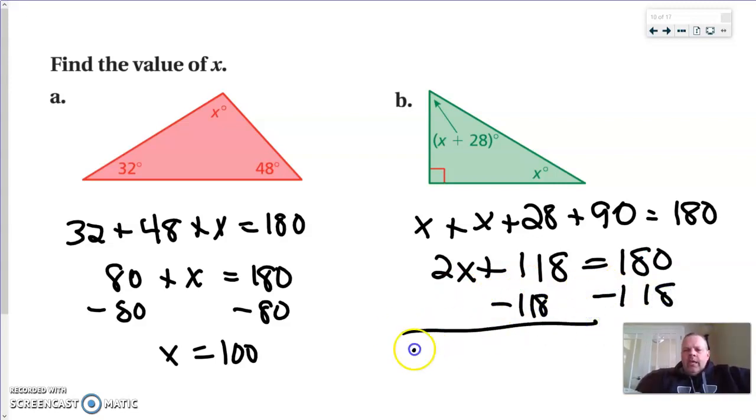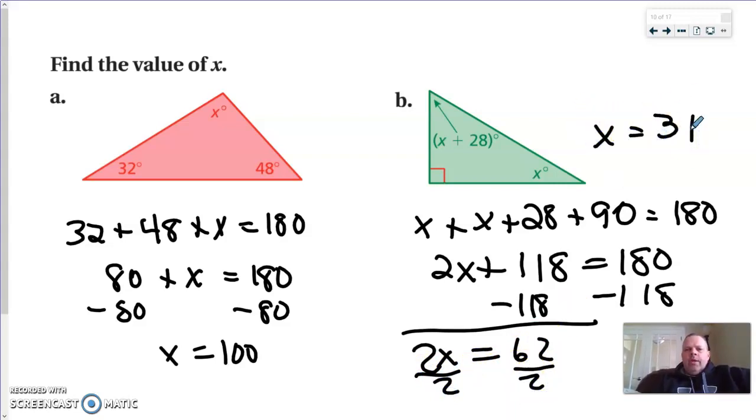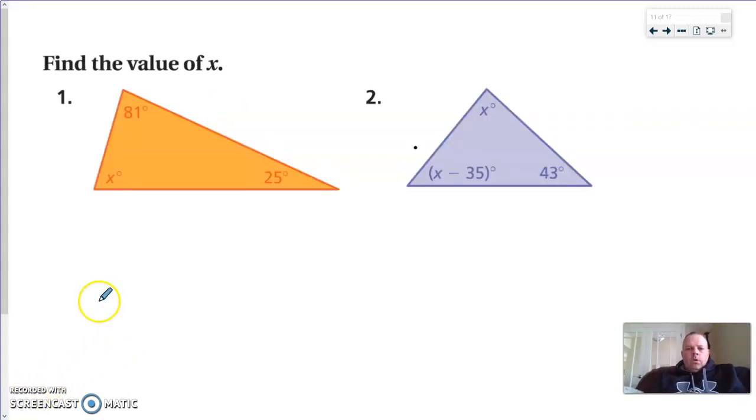We will then get 2x is equal to 62. When we divide both sides by 2, we get x equals 31. Again, they're only asking us to find the value of x, but we know that this angle right here is 31. We know that this angle right here is 59. Hopefully you're able to do these two problems.